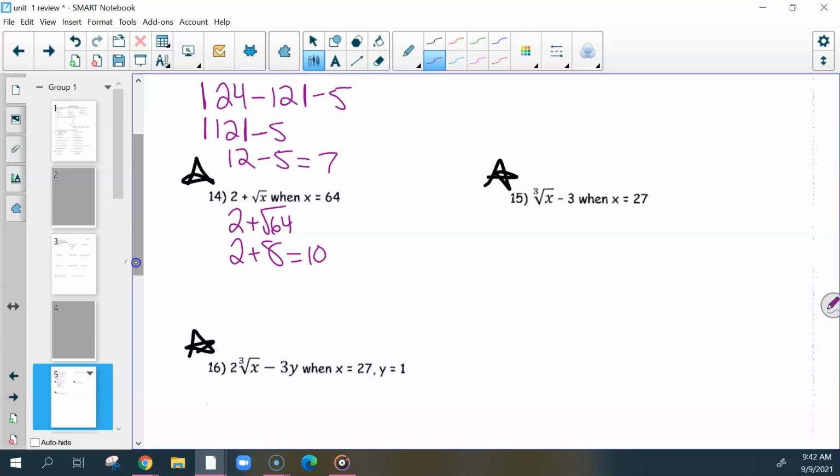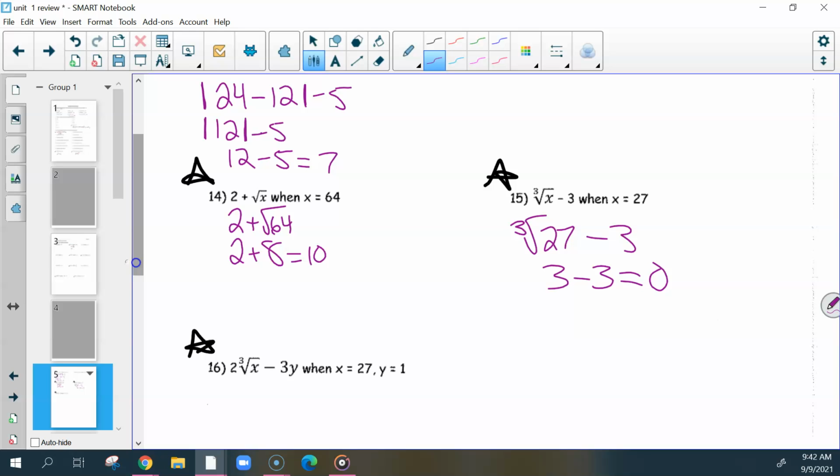Number 15, put in the cube root of 27. The cube root of 27 is 3. No, we did that one. Did the last one? Yeah, 15.